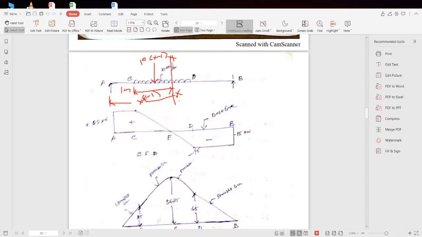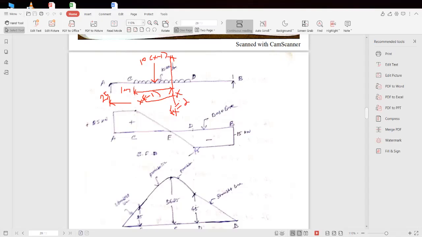So here the reaction value is 25 upward, and here the load is 10 into x minus 1 downward. So this is the shear force. Therefore, if you consider f of x, shear force at the section x, this will be equal to plus 25, right?